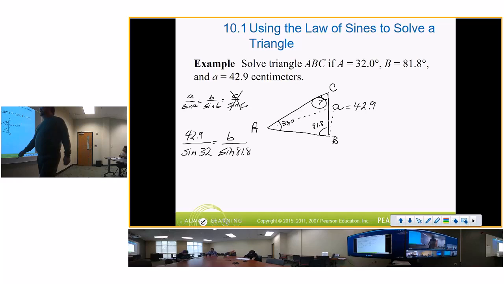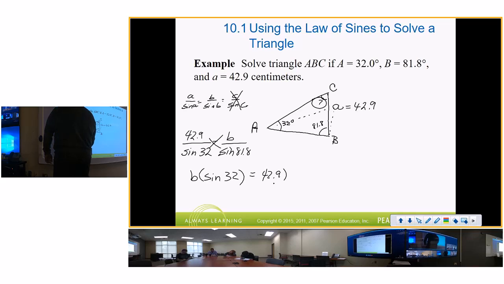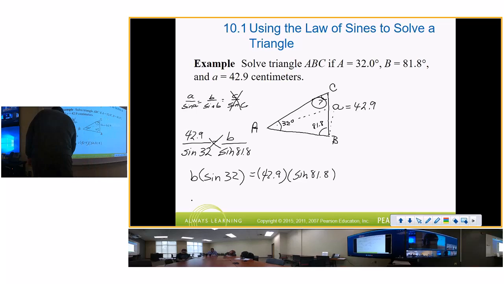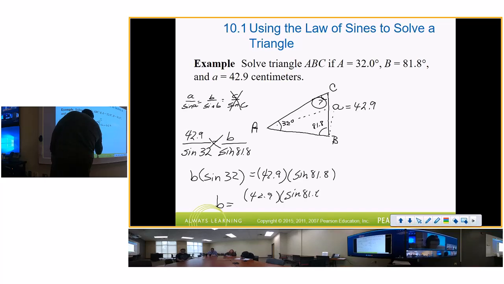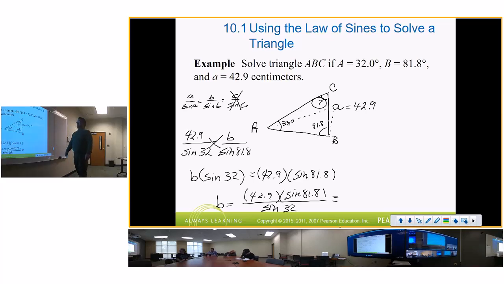Cross multiply, and you get B sine of 32 equals 42.9 times sine of 81.8, and B is equal to 42.9 times sine of 81.8 divided by sine of 32. And somebody give me that number.